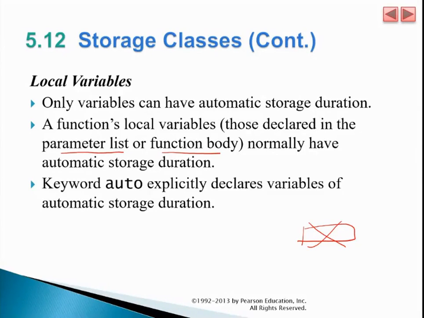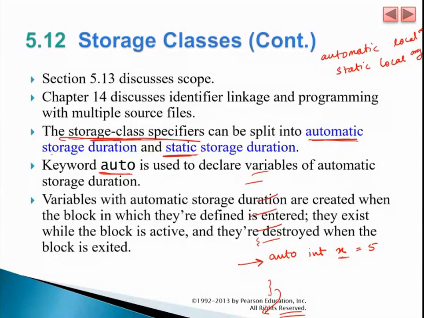By default, all the local variables are automatic. If you want to make a particular variable act like this, you can mention auto explicitly. Any question till here? We have just covered one specifier, that is auto, which is of automatic storage duration. Scope we will talk about a little later.